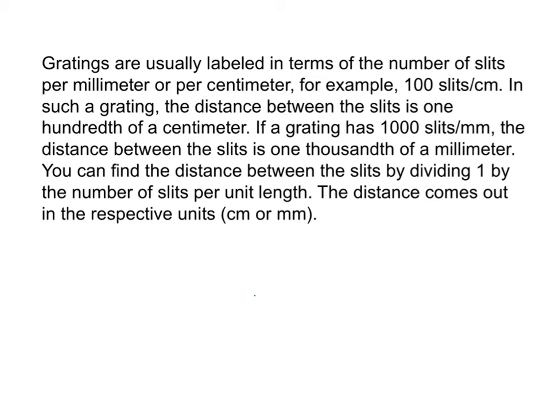Just note here, this is one of those tips. Gratings are labeled in terms of slits per millimeter. So D is usually in millimeters, the spacing D between slits. When we've talked about Young's double slit experiment, we've measured those in millimeters on the previous video.